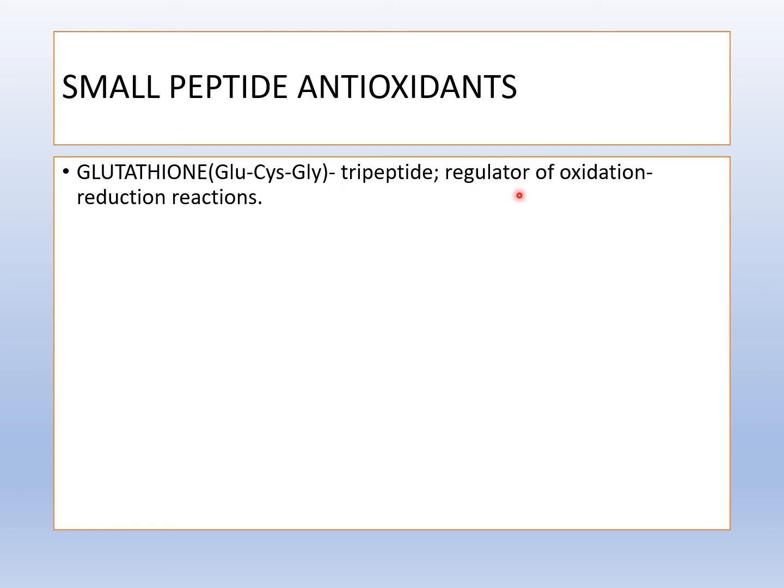Glutathione is a regulator of oxidation reduction reactions. That's why it's also good to take glutathione tablets. Because basically the glutathione itself helps in the oxidation reaction of the body. If we're stressed, there are a lot of free radicals that are continuously produced by our cells, and we need to deal with all of those free radicals that are inside of our body.